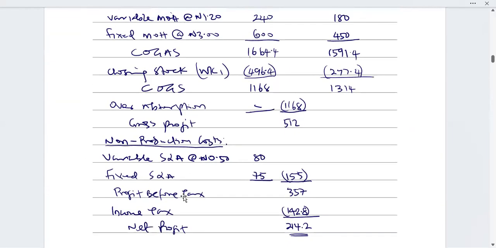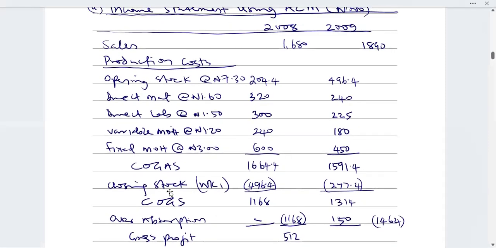So 150 plus 1314 is 1464. 1464 minus 1890 gives 426.